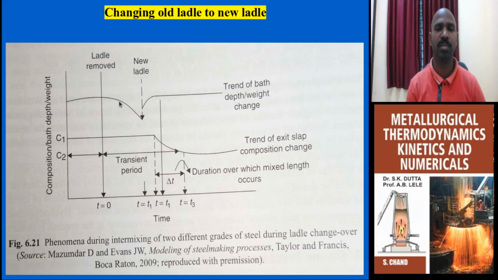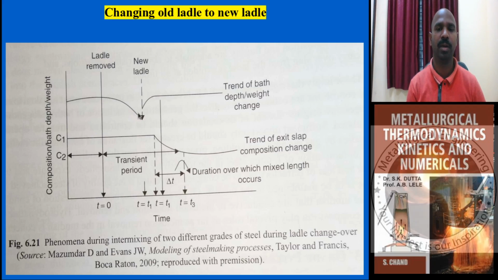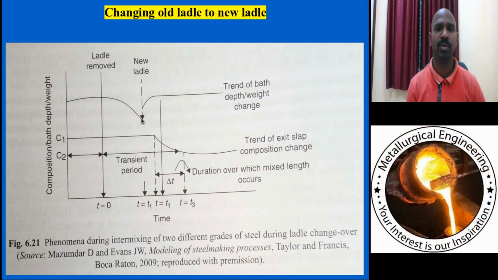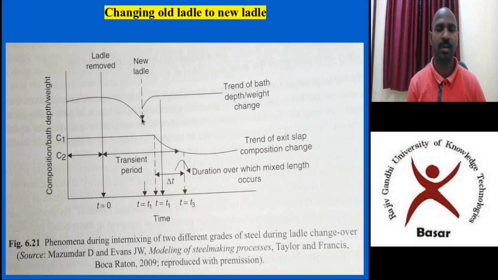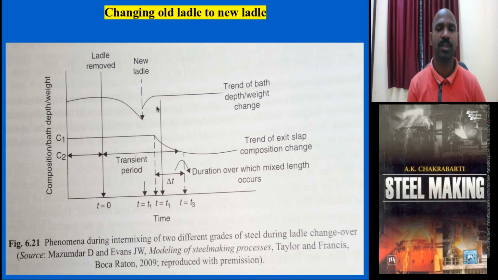This particular bath depth in the tundish slowly decreases. When the new ladle is taken and incoming flow is started, again this bath depth of the tundish will increase and be constantly maintained. This much change will occur in the transition period, T1 to T2.